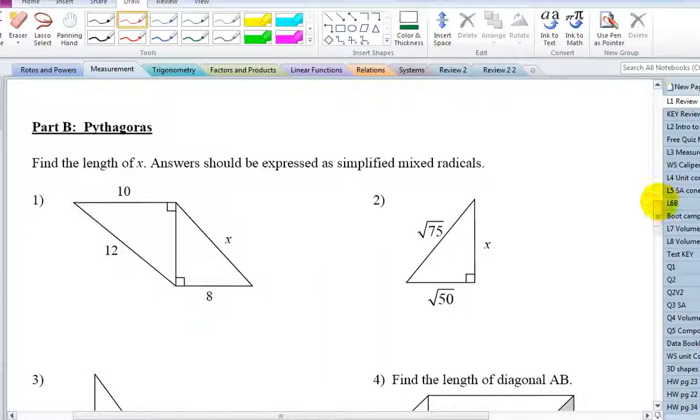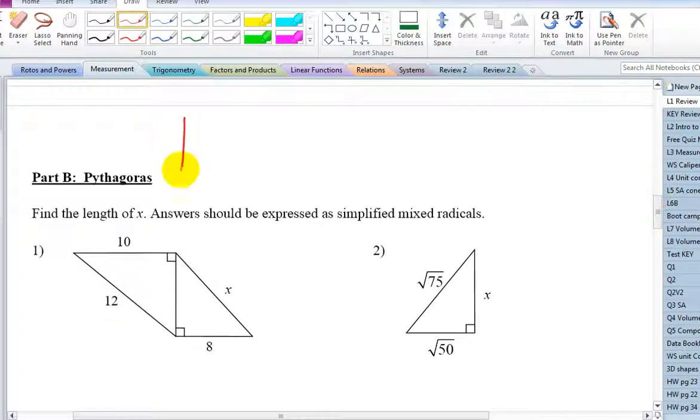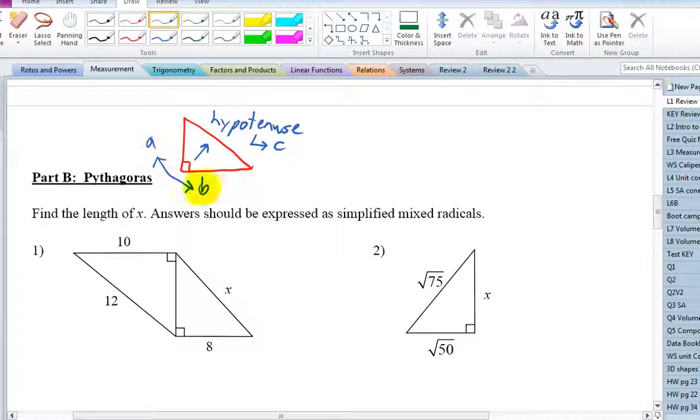Okay. Good old Pythagoras. Across from this 90-degree symbol, we call that your hypotenuse. In your formula, that must be the letter C. A and B don't matter as long as they are legs.